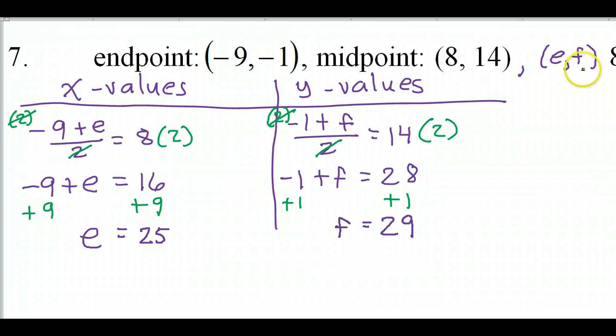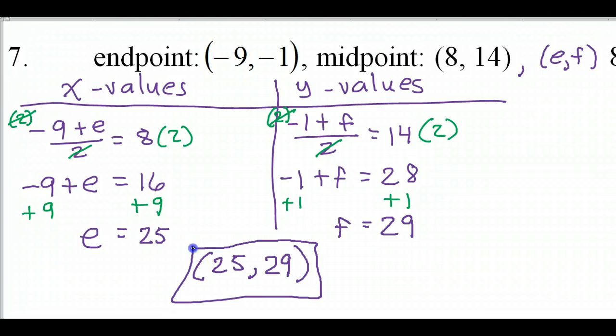So (e, f) is my other endpoint that I'm imagining. That means this other endpoint must be (25, 29). Okay, my friends, that is how you do that.